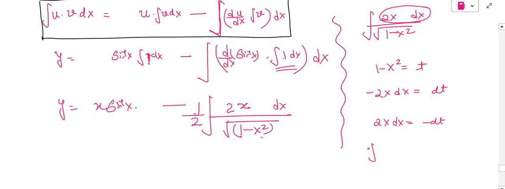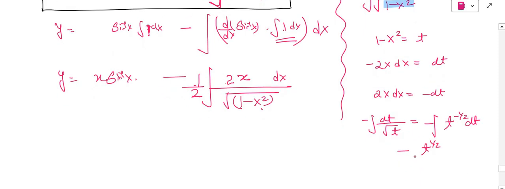Okay, so let me write down. This part became minus of dt and this is root of t. ये वाला part जो है नीचे, this one, this became root of t. So what is integration of minus half dt? So this you should know. This is t raised to power half divided by half, which is nothing but minus 2 root of t. ठीक है.